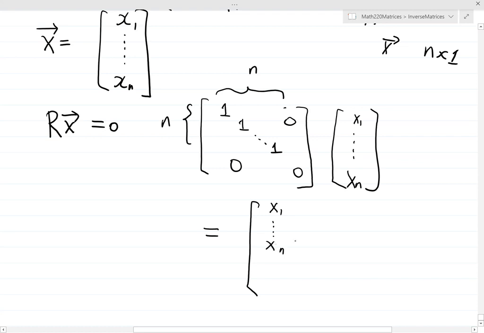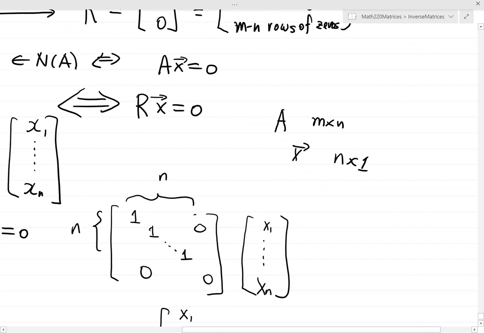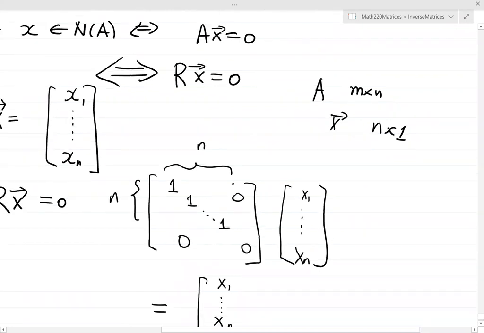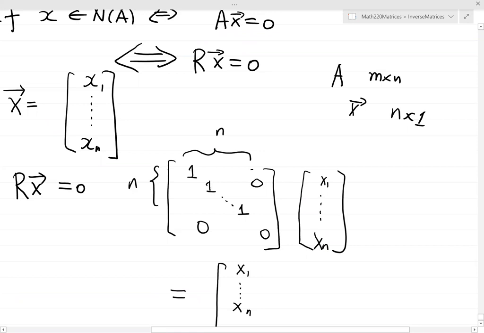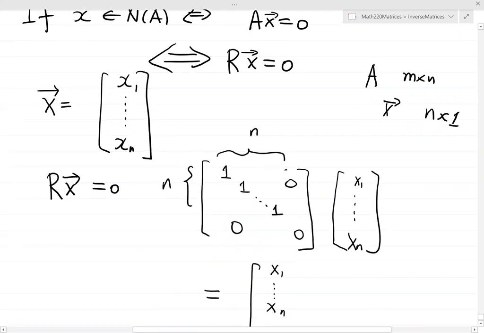Wait a second, did I make a mistake? We have m rows and n columns. N columns, yes. The number of columns of x is n, yeah.